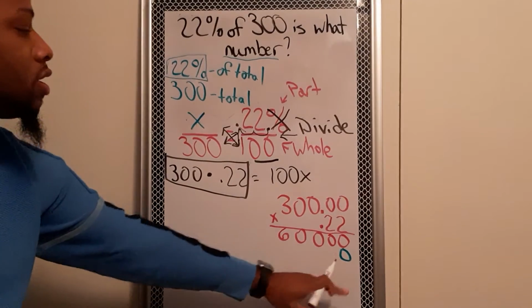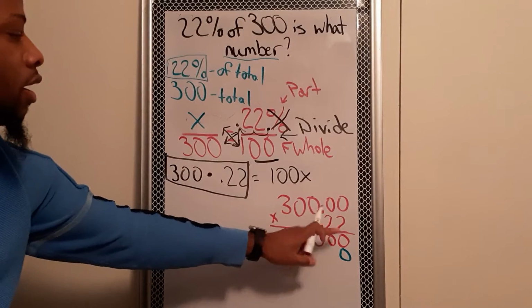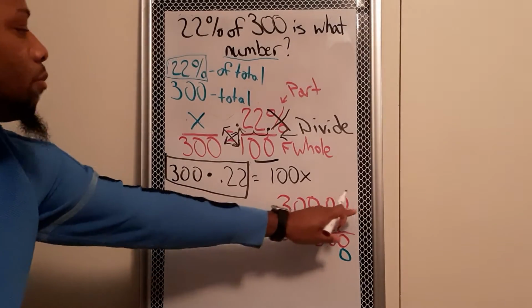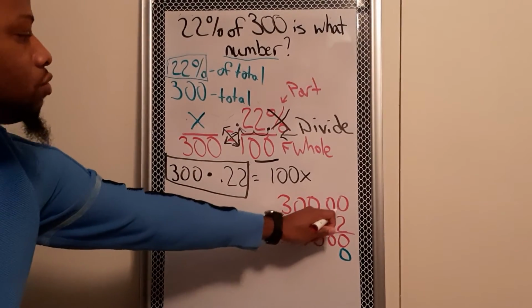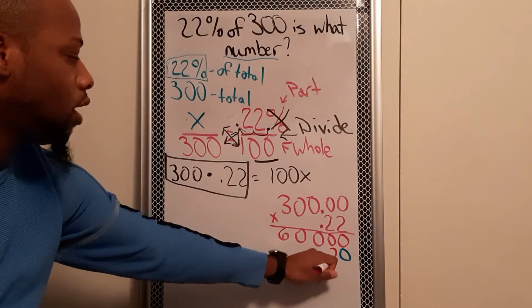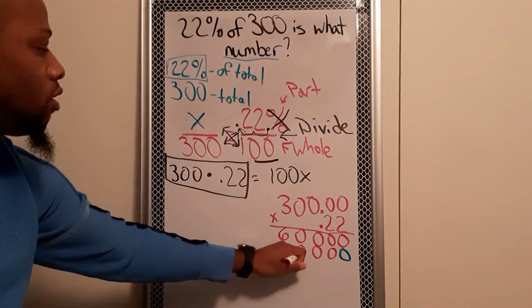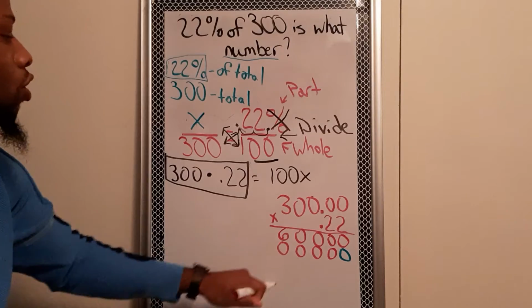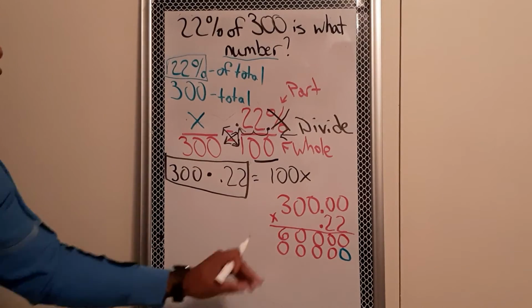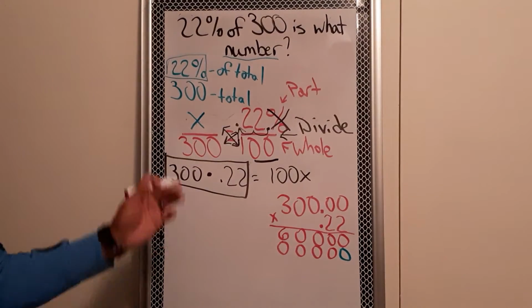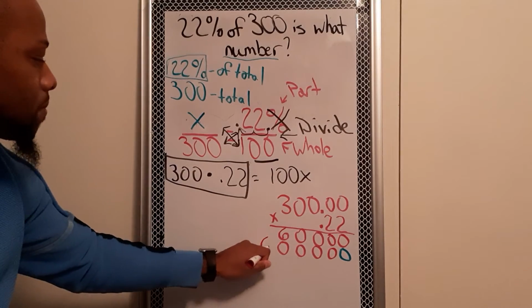So after adding in 0 the hero, I can multiply this 2 in the tenths place by everything up top. So I have 2 times 4 zeros, so I'm going to write all 4 zeros there because I know anything times 0 is going to be 0. Then I have 2 times 3, which again is 6.